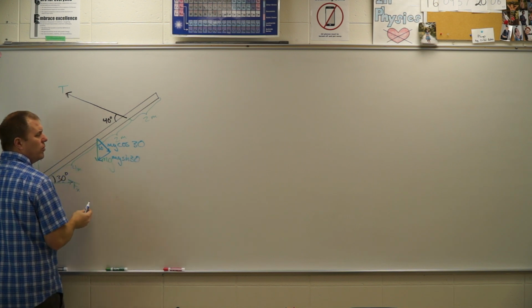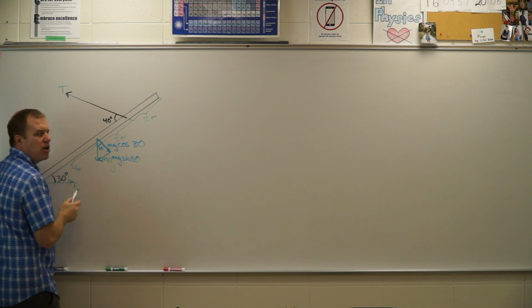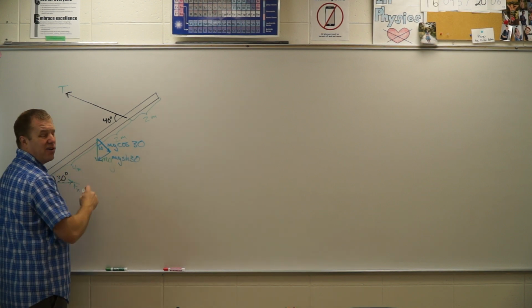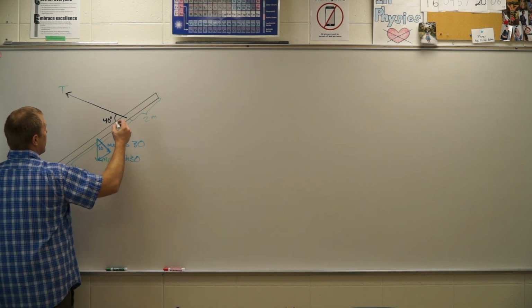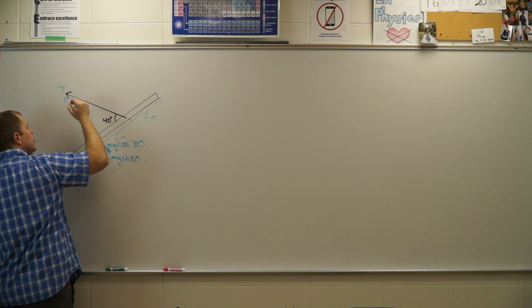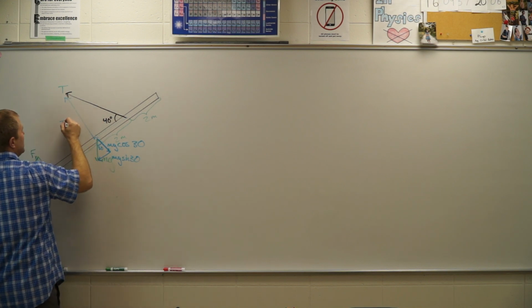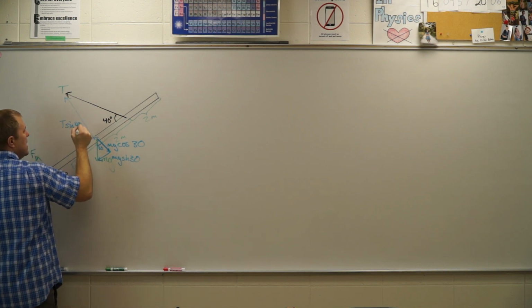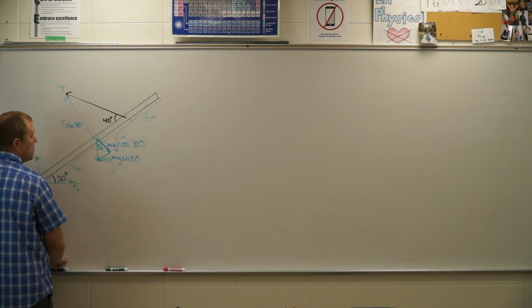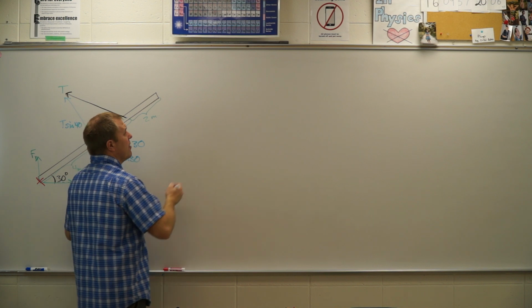I really only need the mg cosine of 30. I only need the perpendicular component because the one that's parallel isn't going to produce any torque. And then my tension, resolve that tension into components. So I'll have T sine of 40 is my next one here. Okay. So let's go ahead and generate our torque equation.